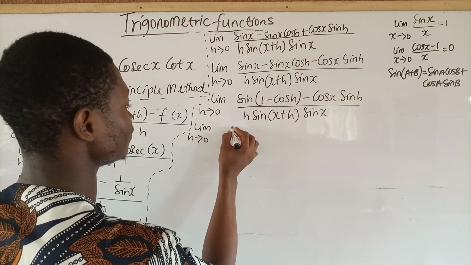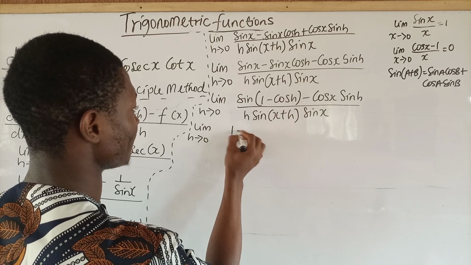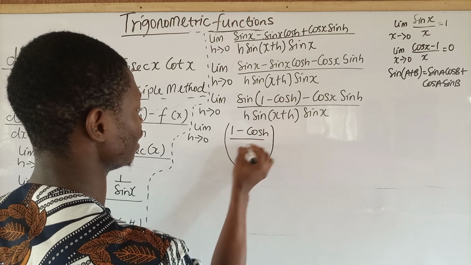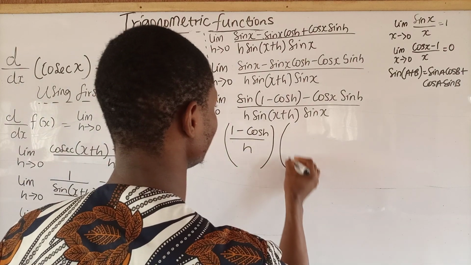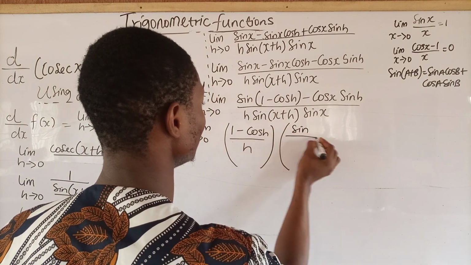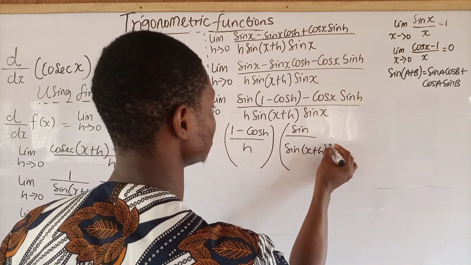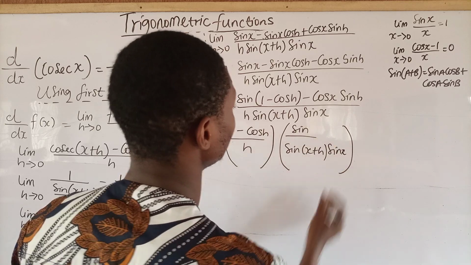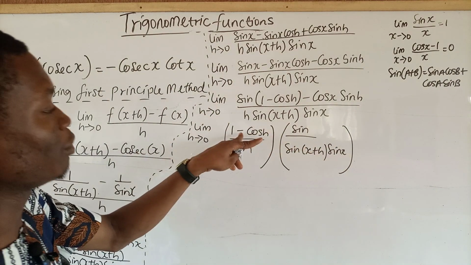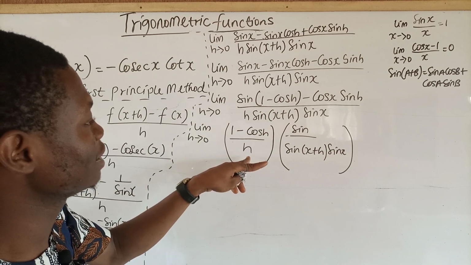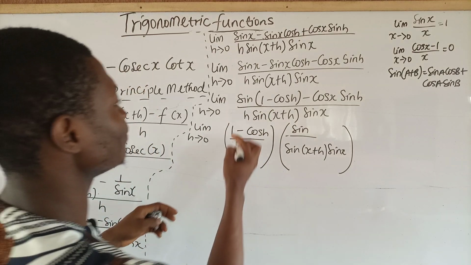So we are going to have the limit as h approaches 0 of 1 minus cos h over h, multiplying sine x over sine of x plus h sine x. You know that if you multiply this thing, you are still going to get back this. Why did I remove my x?